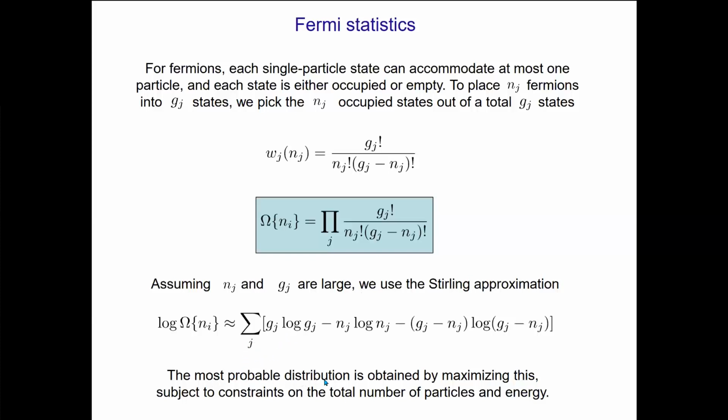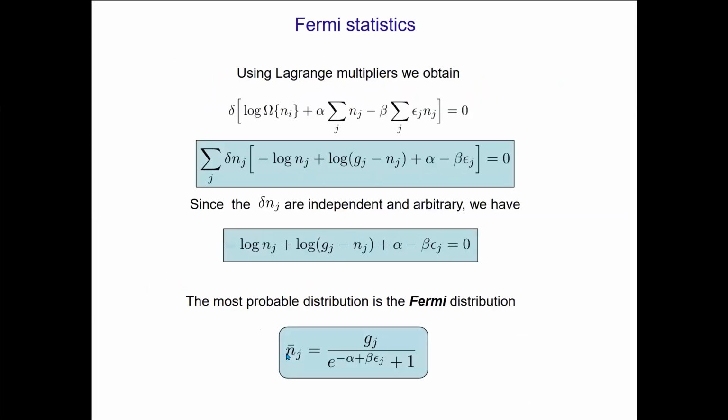So the most probable distribution for occupation numbers will be obtained by maximizing this expression subject to constraints on the total number of particles and energy. Remember that the total number of particles is fixed and the total energy is fixed. So we need again to solve this problem using the Lagrange multipliers method.